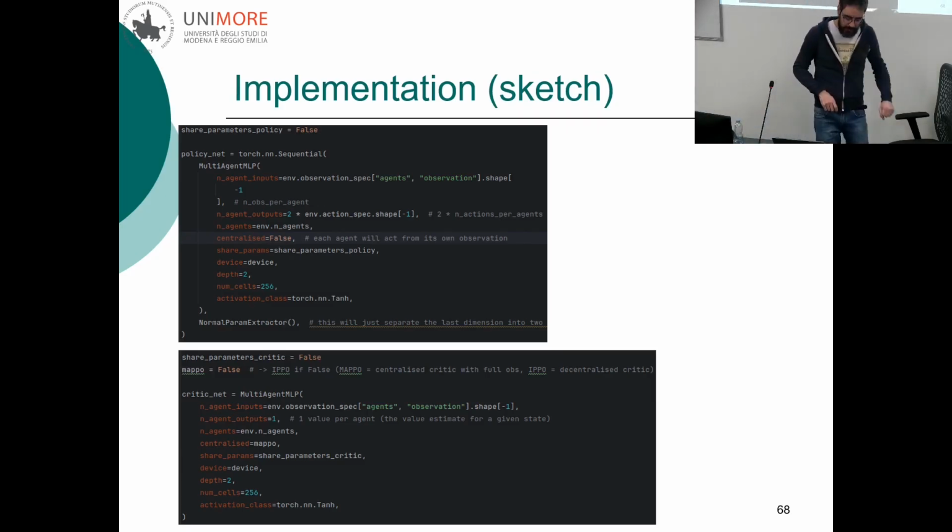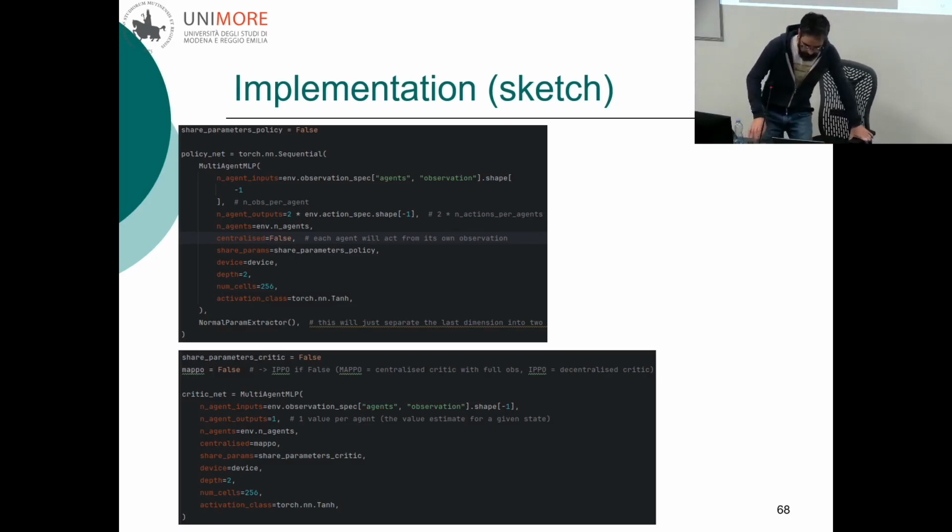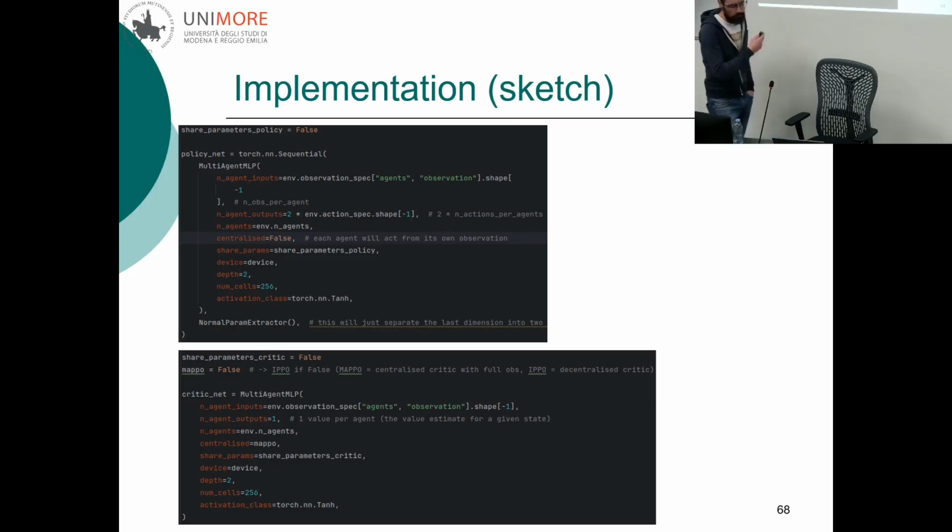So let's try to get a practical insight about what does it mean to do independent learning. So now there are a few examples, and you have the link to the code repository, that compare independent learning, fully centralized learning that we yet have to completely define, and one solution in between.